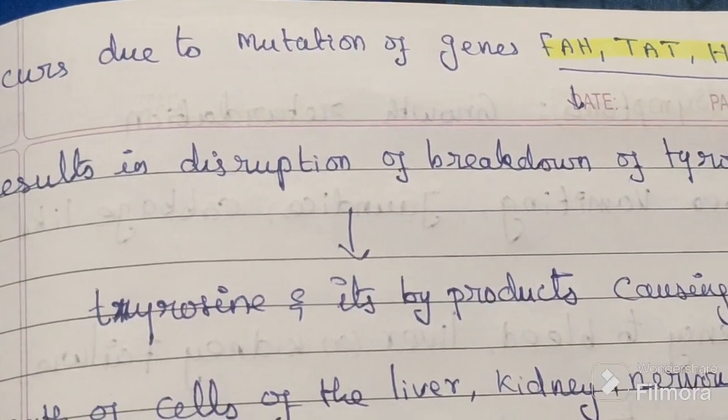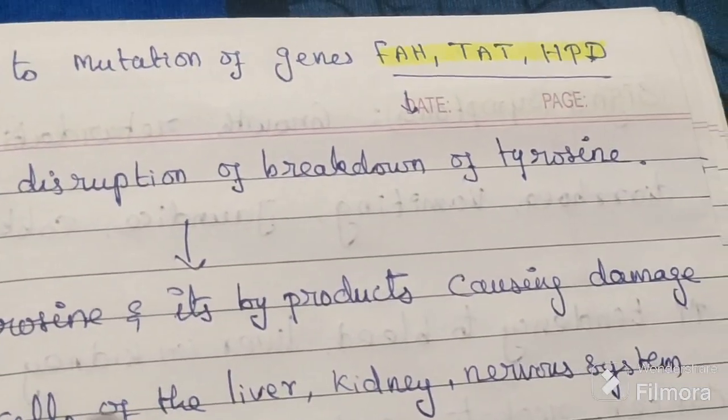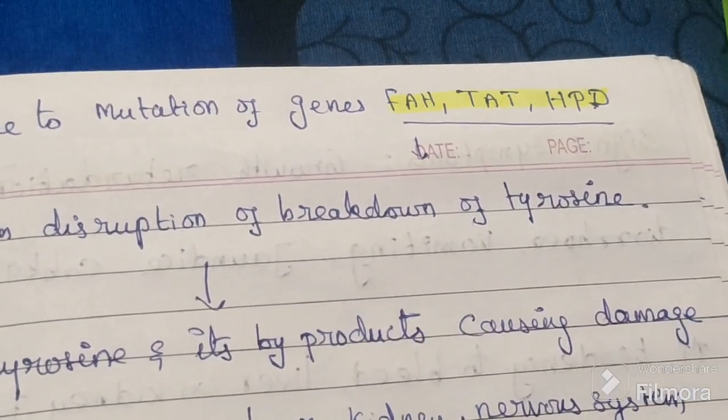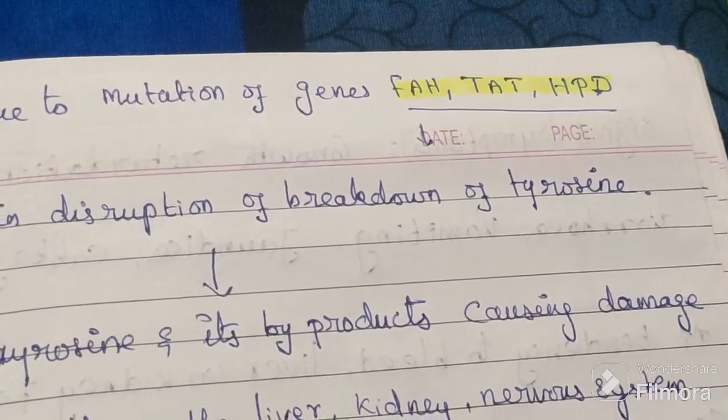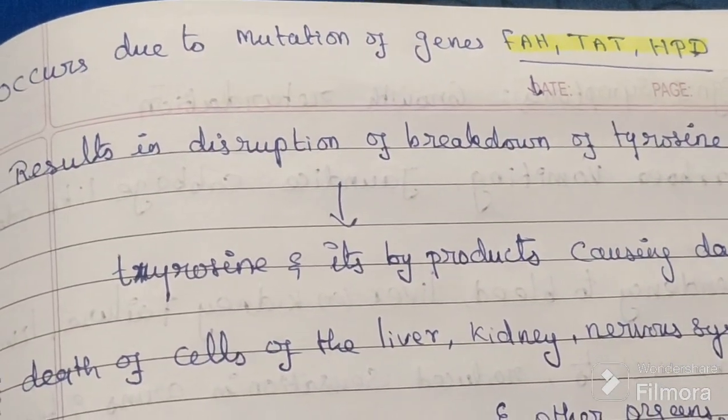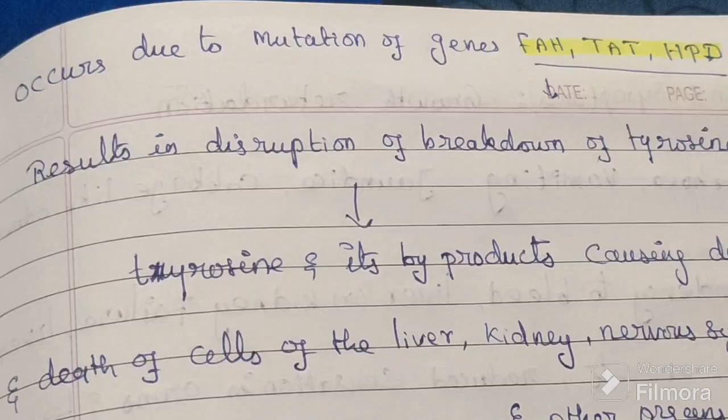It will disturb the breakdown of tyrosine. So these gene mutations disturb the tyrosine breakdown. This leads to accumulation of tyrosine, so metabolism is disturbed.